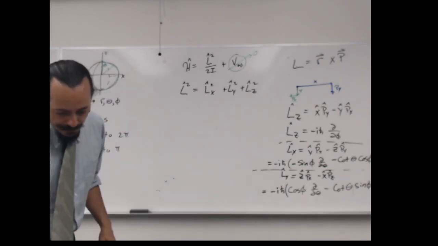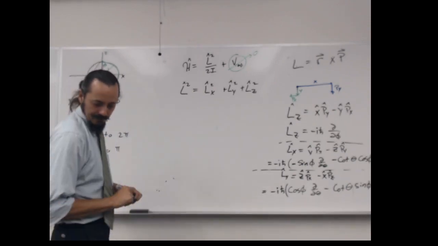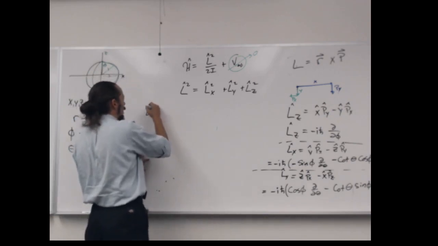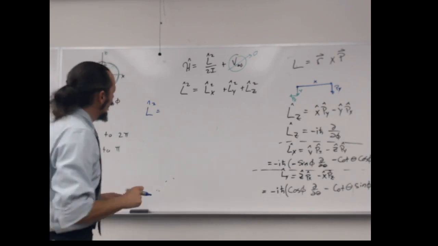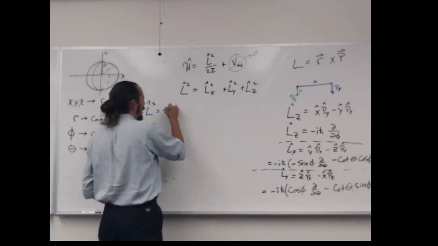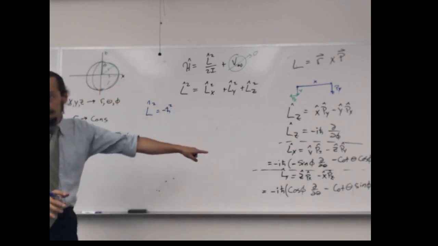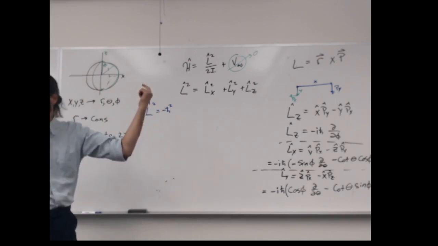Okay. So L squared is going to end up being negative h bar squared, right? Because the negative i gets squared and becomes just a negative 1.